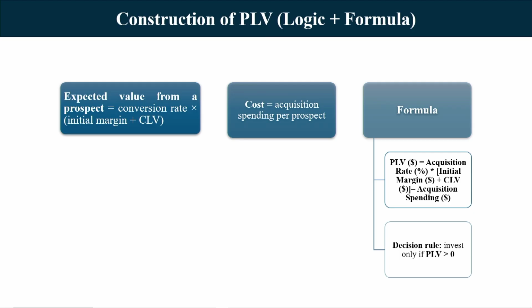So, expected value from a prospect will be conversion rate multiplied by the total value that is created by a customer. Then what is the cost? Cost is acquisition spending per prospect, the cost that is incurred in terms of nurturing all the prospects. So, we will calculate the average cost of the nurturing.